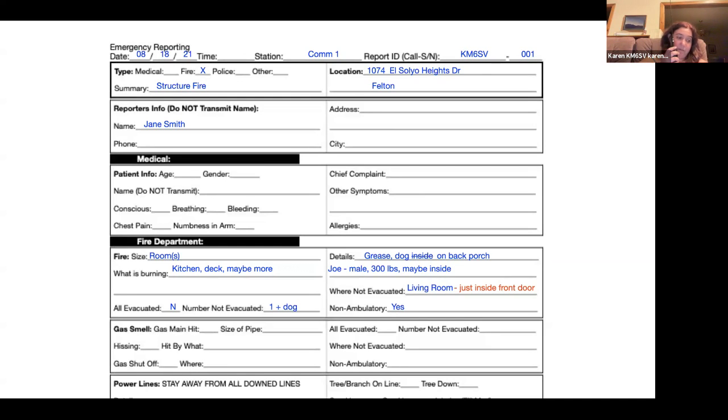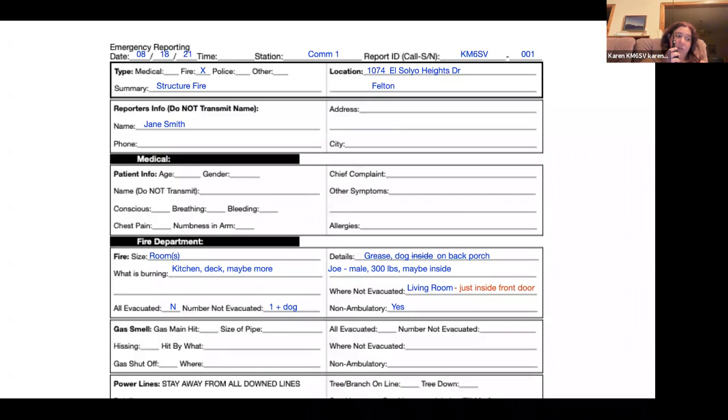Net control, COM1. This is net control. Go ahead, COM1. I have an update on the El Sollo Heights structure fire. Reporting party says a grease fire started in the kitchen, and there is at least one whole room and a deck involved. One occupant and a dog are present.